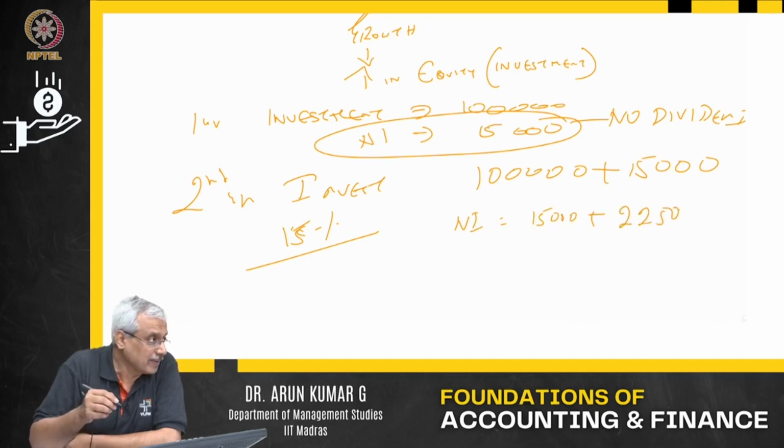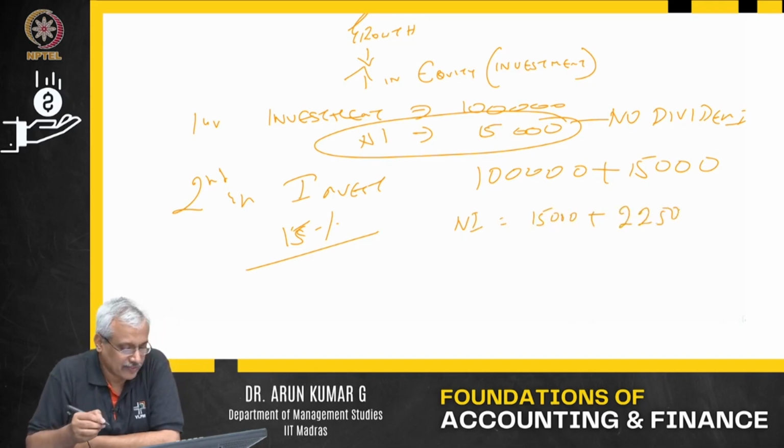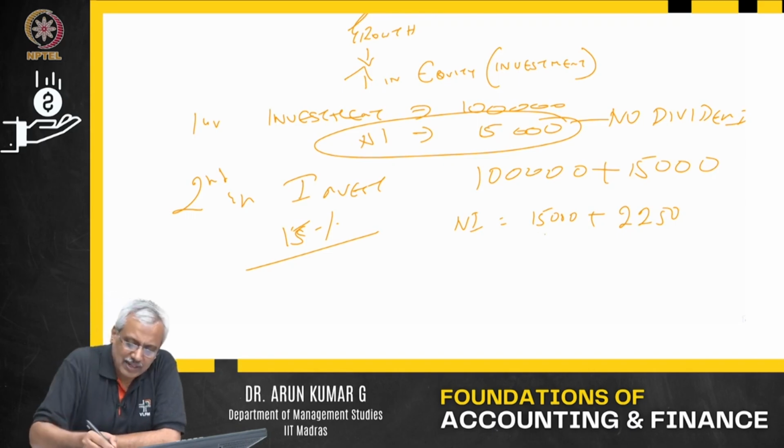Am I right with the number? 15 into 15, 225. 15% of 1 lakh 15,000 is 17,250. So 15,000 plus 2,250 is 17,250. And that is exactly what I said.